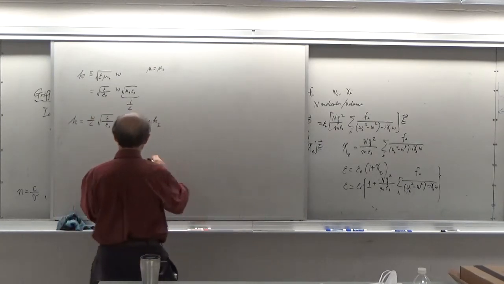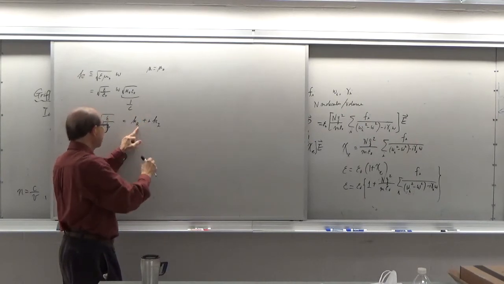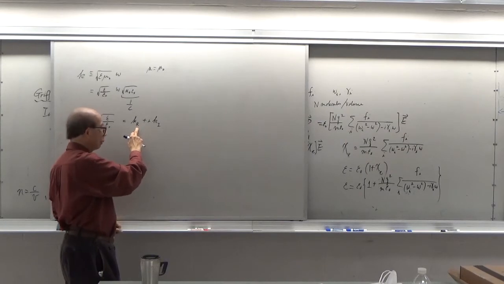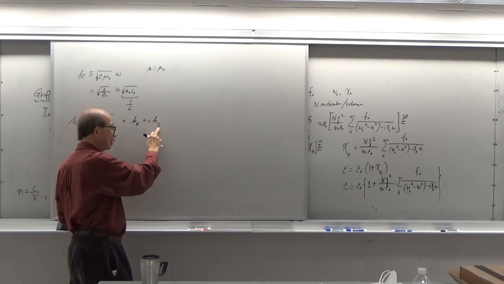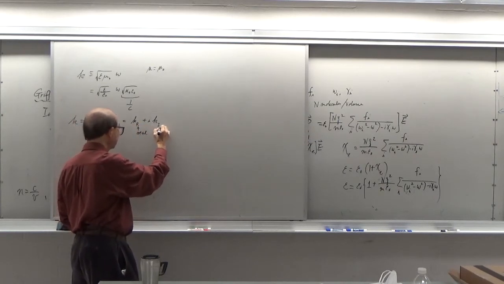Please, this r does not stand for the wave number of the reflected wave, and this i doesn't refer to the incident wave whatsoever. This stands for real, this stands for imaginary.